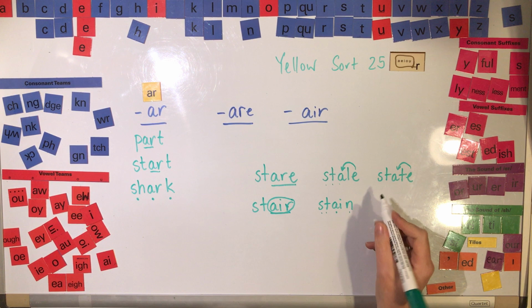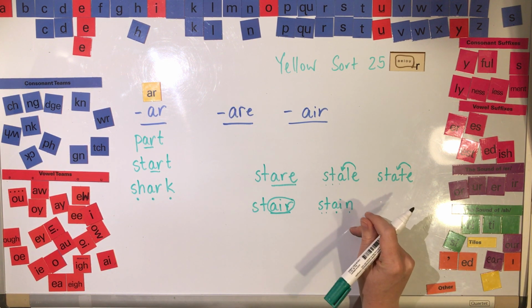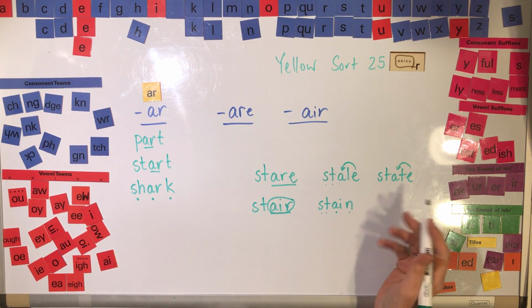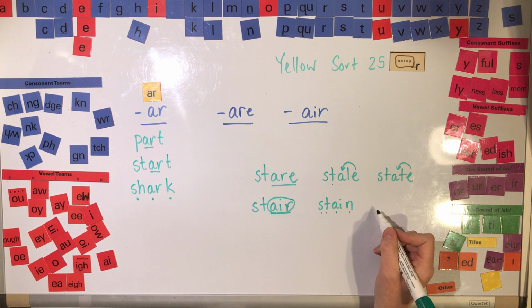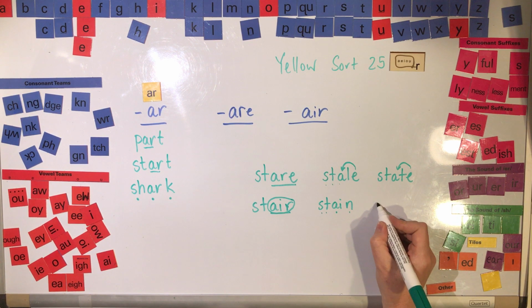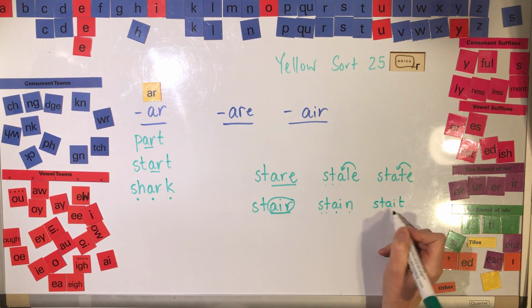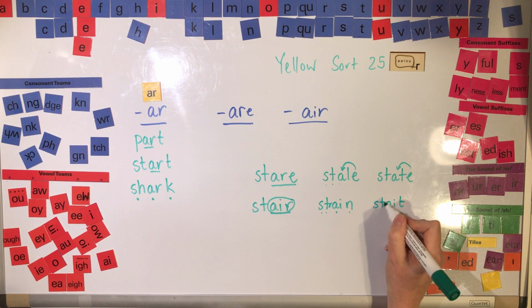What about if we replace the R with L? Stale. It's not how you spell stale. Stain, state, stay. I mean, I could make up a word, but that's not actually how you spell it. Or we could have strain and then straight.